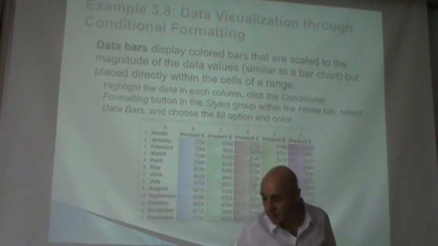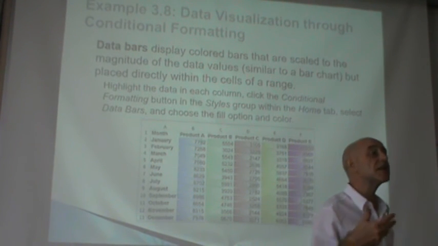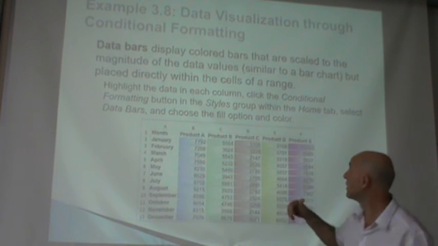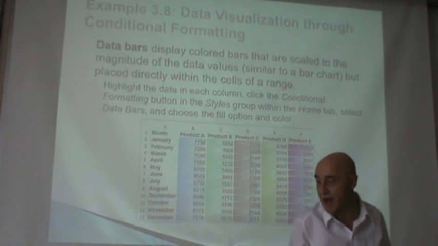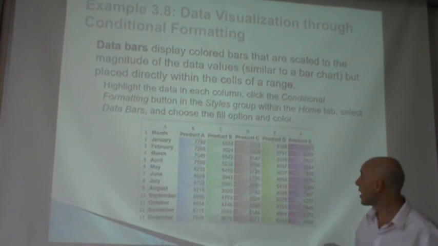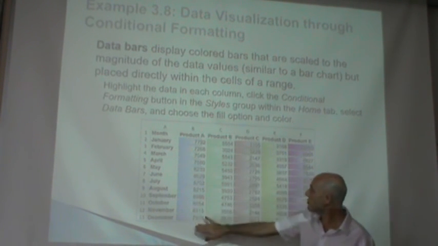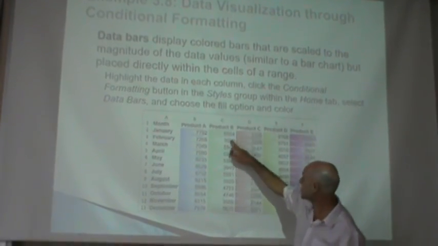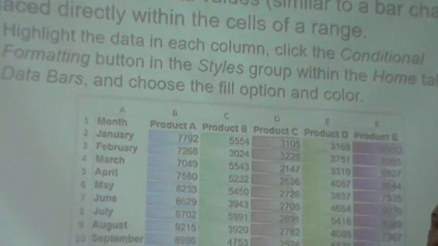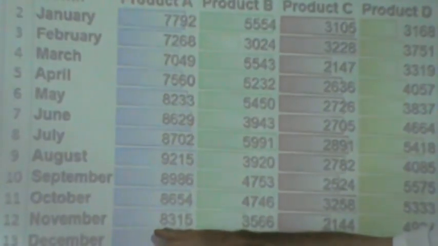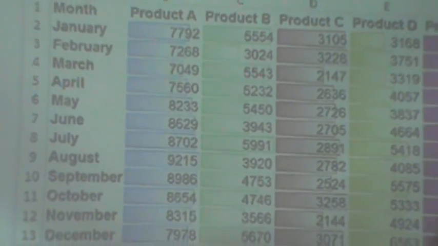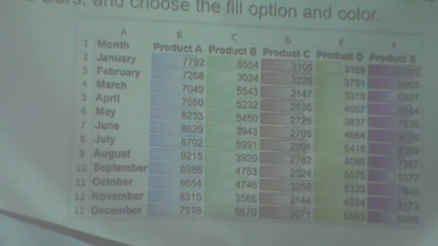Here is an example of conditional formatting. Conditional formatting will basically tell you, show me or give me a color. Let's say small numbers are green, then medium-sized numbers will be bluish, and very high numbers will be red.